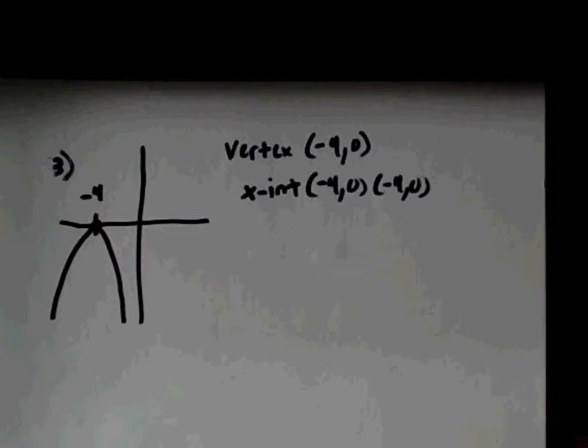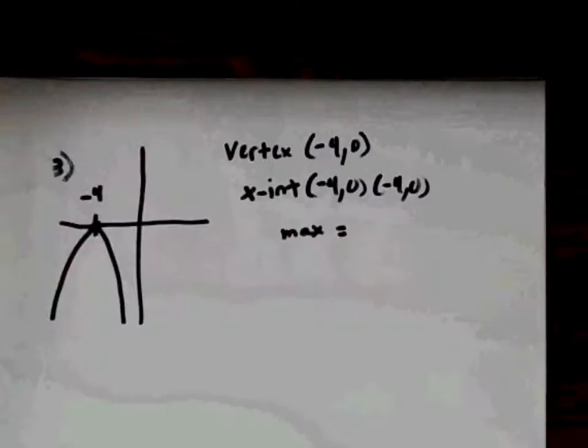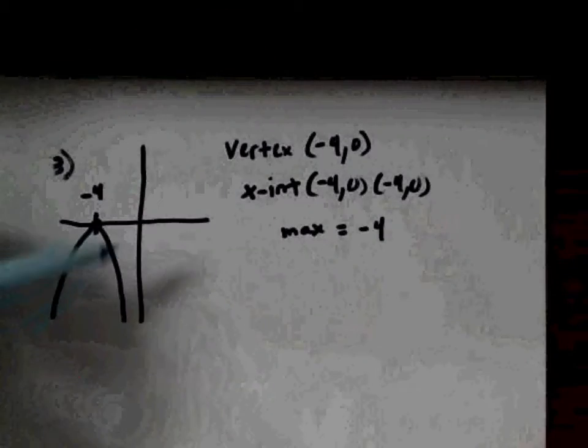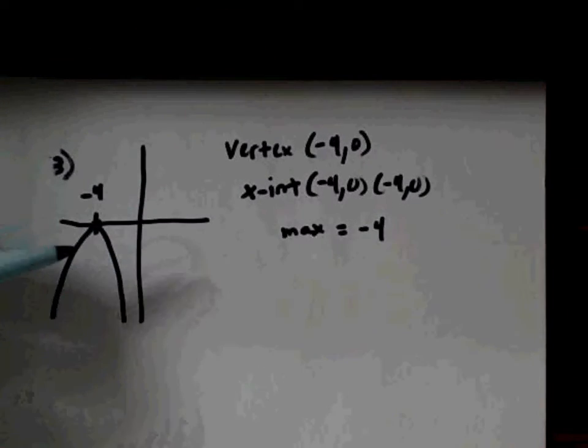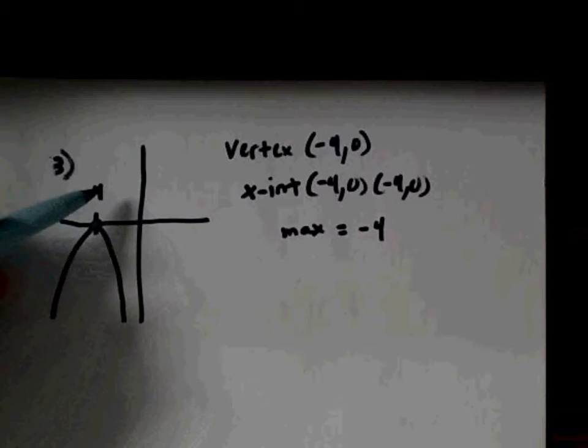Max. We're going to have a max, and the max is going to equal what? 0. No. -4. Okay? It's the highest that it can go up. Okay, so is our max equaling -4? Is that as high as it's going up? What measures height? The x-axis or the y-axis? The y-axis.